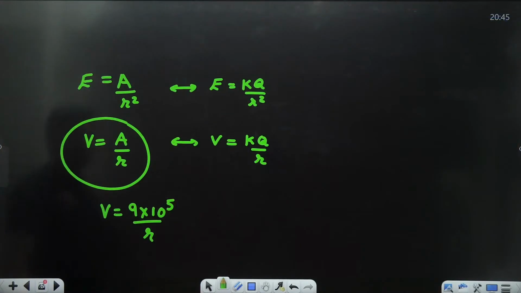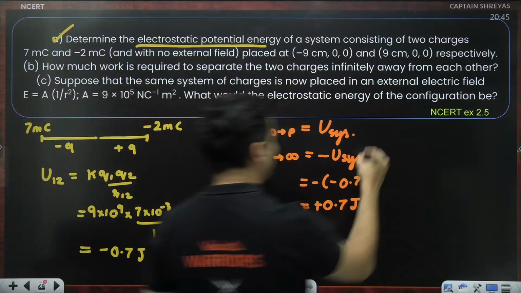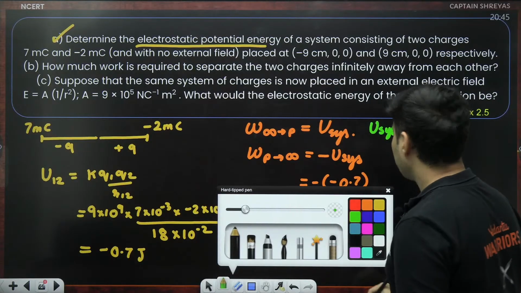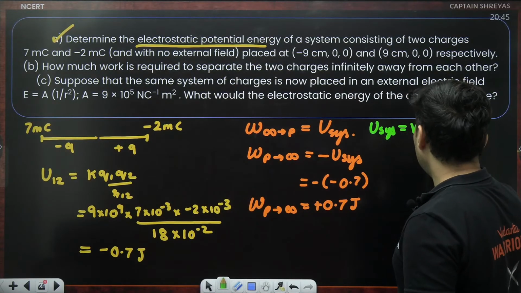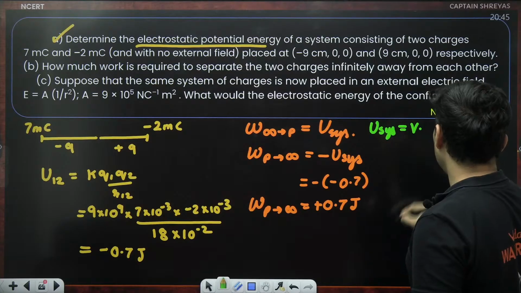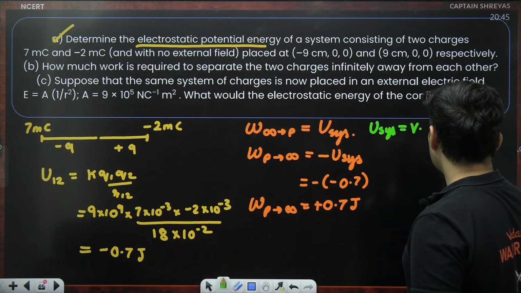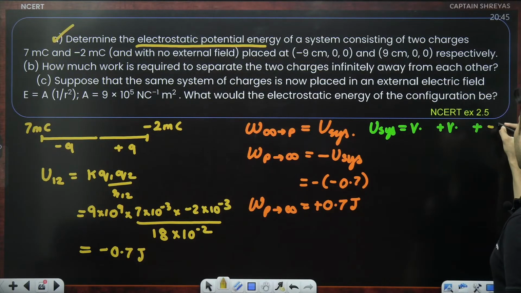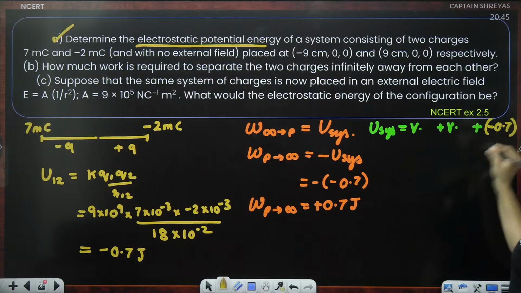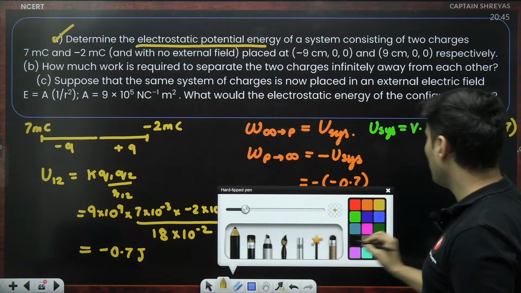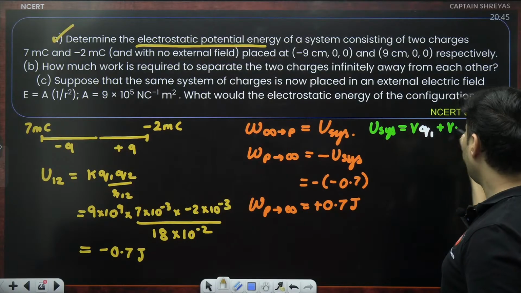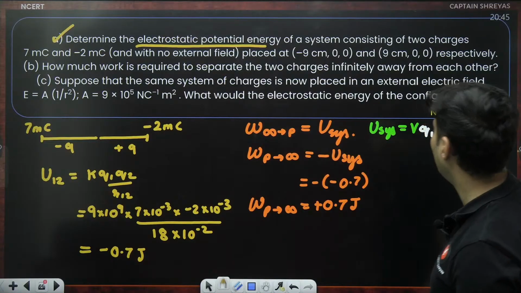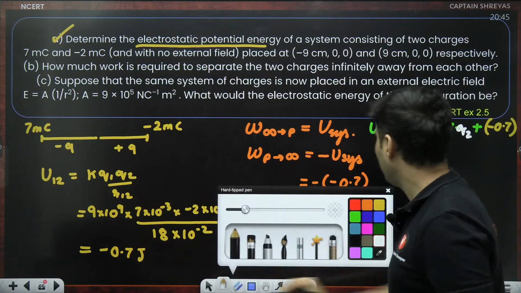Everyone with me? If you want, I will put it over here. The potential energy of that particular system will then be V into Q1 plus V into Q2, those V's being the same, plus negative 0.7, which is the interaction between them. Q1 and Q2 are already mentioned: 7 millicoulomb and negative 2 millicoulomb.